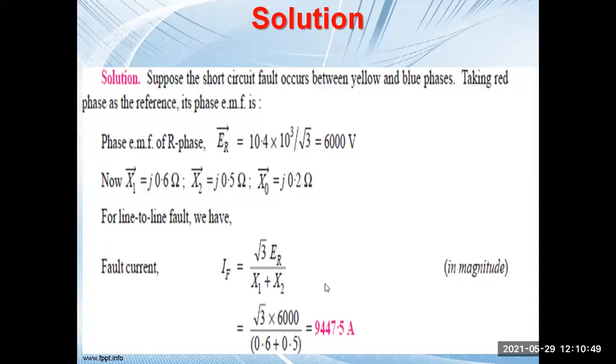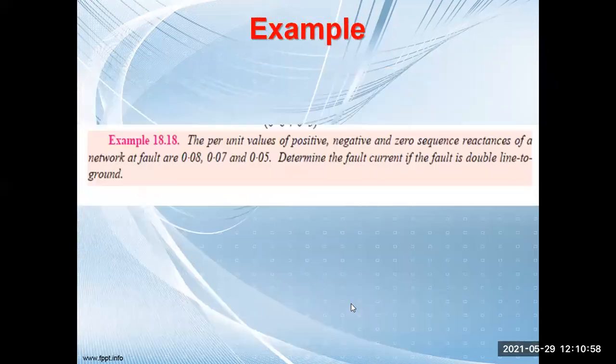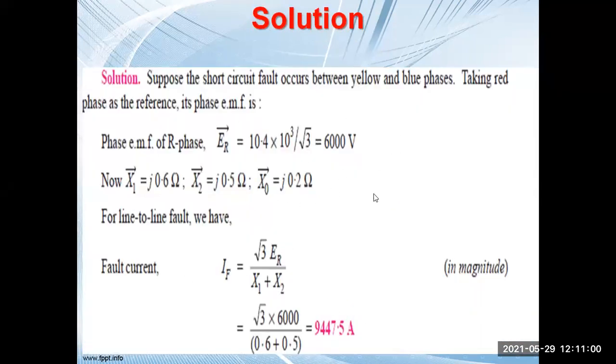Yes, sir. Okay. So this is ER, we will substitute there, and X1, X2 will substitute. So we'll get the value of the fault current. Okay. Is it clear for the line-to-line fault, this problem?